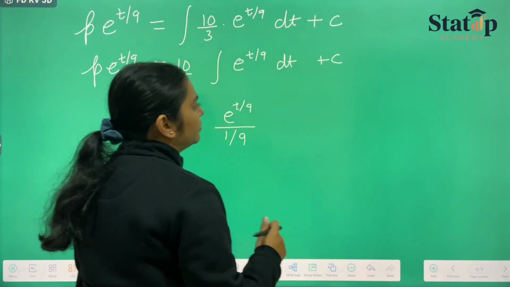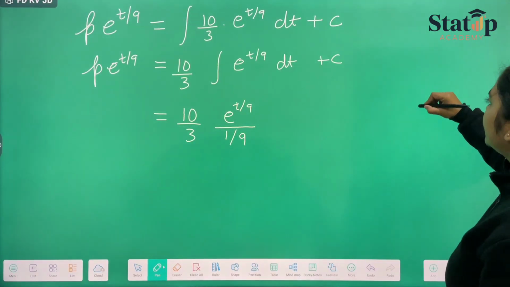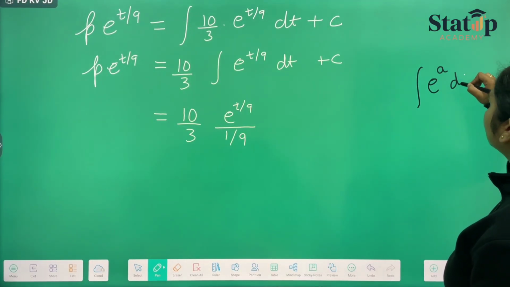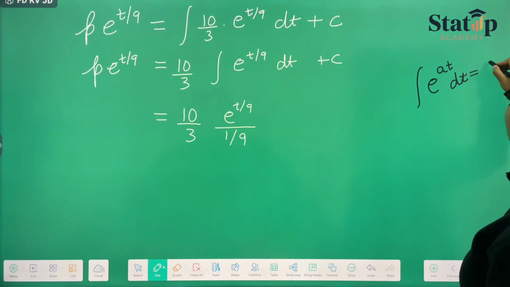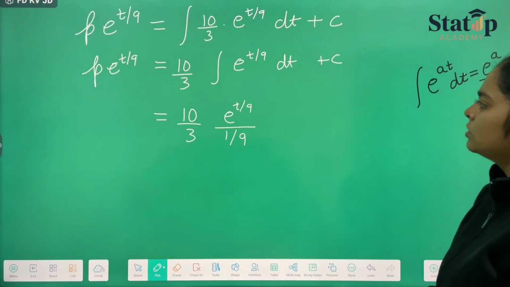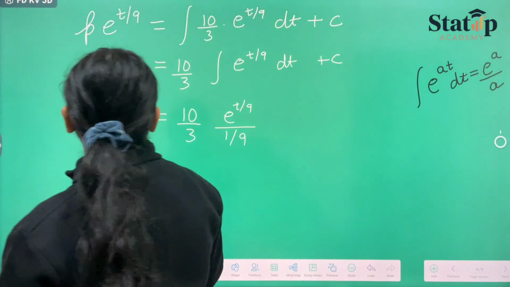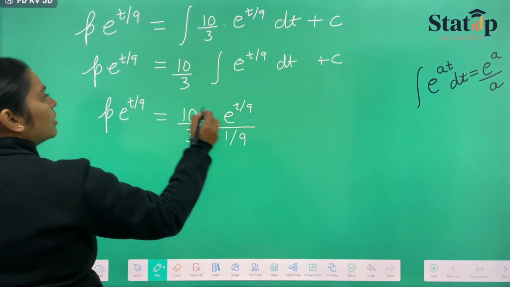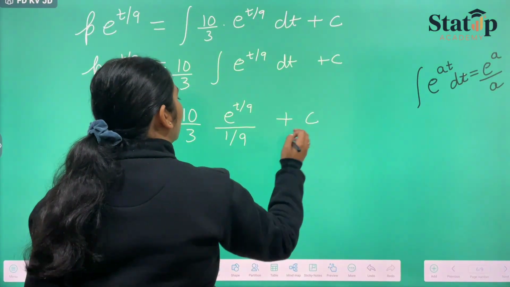Integration of e raised to the power a t dt would be e raised to the power a t upon a. So a here is 1 by 9. P e raised to the power t by 9 plus c.